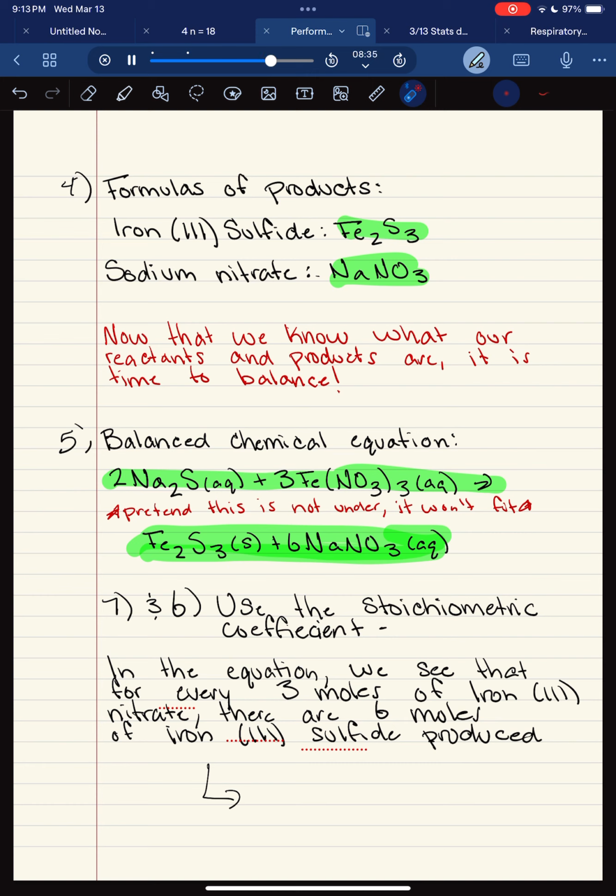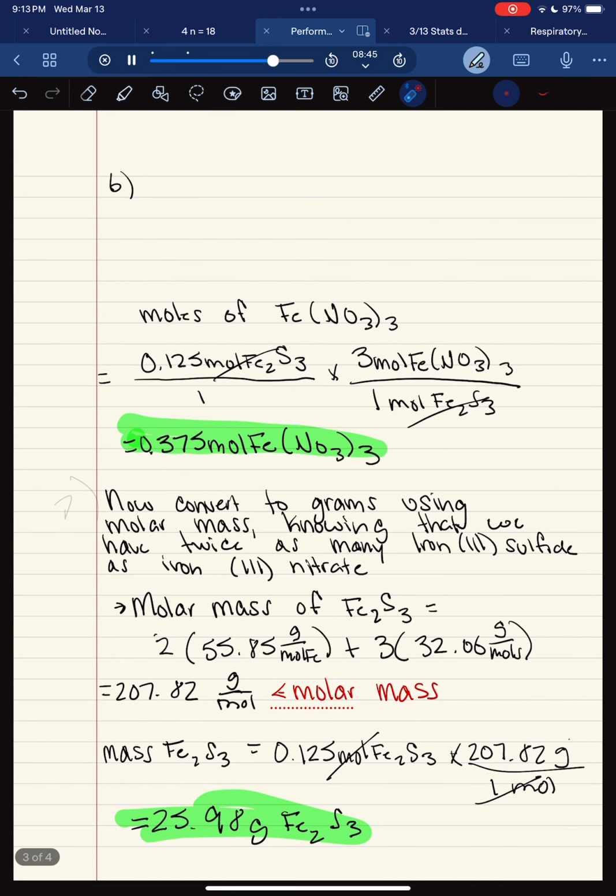So we know that in the equation, for every 3 moles of iron(III) nitrate, there are 6 moles of iron(III) sulfide produced. So we're first going to find the moles of our iron nitrate.